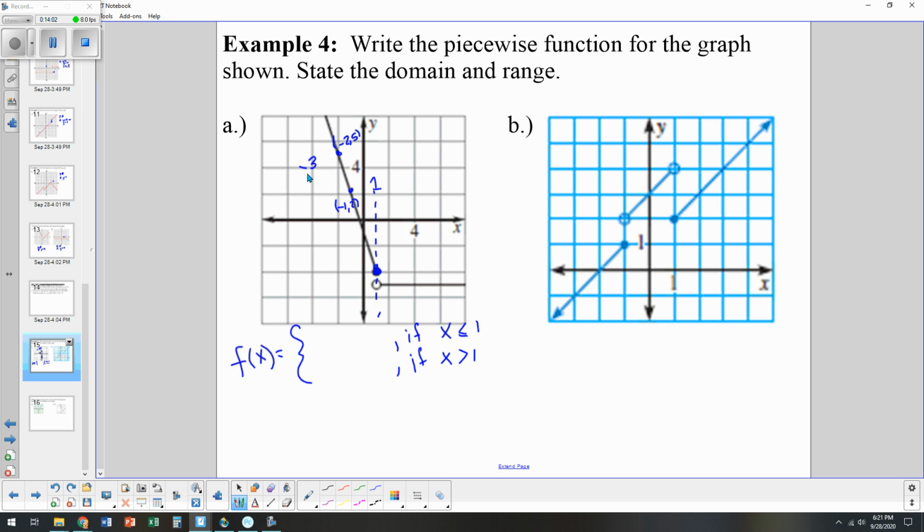Down 3 over 1. My rise was -3. My run was positive 1. So the slope of that line is -3. So that's -3x plus b. b is where it crosses the y-axis. That's -1. So -3x minus 1 is the line on the left.